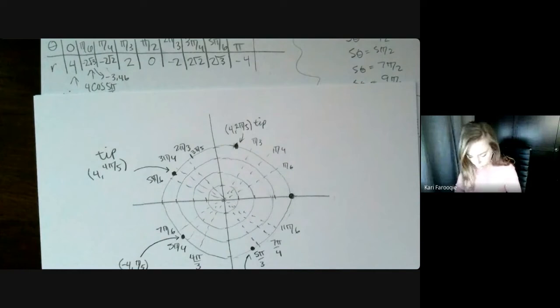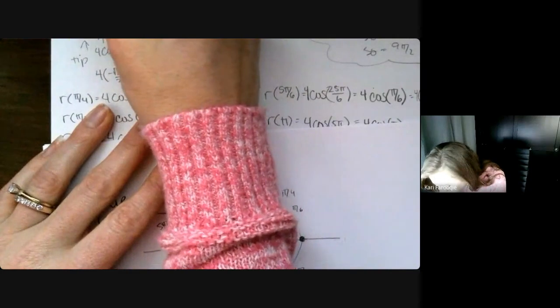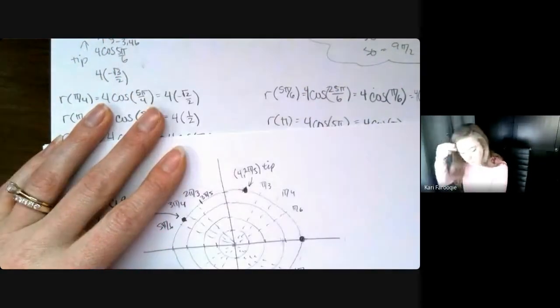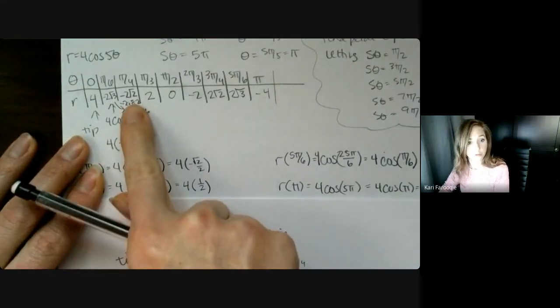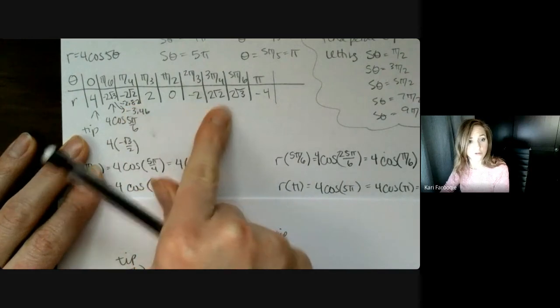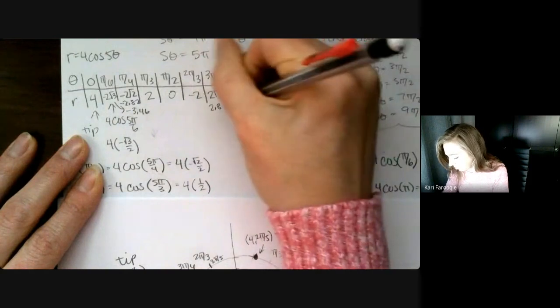And negative 2 root 2, might as well get that while I'm in here, is about negative 2.82. So I'll just put that in here, negative 2.82-ish. Whoops, sorry, you can't see that. So 3.46, 2.82, and we'll use those values again. So this will be positive 2.82 and positive 3.46.